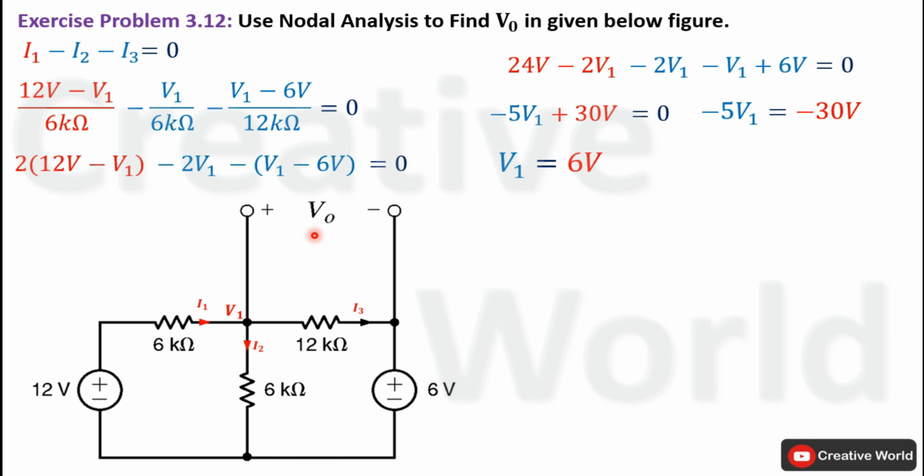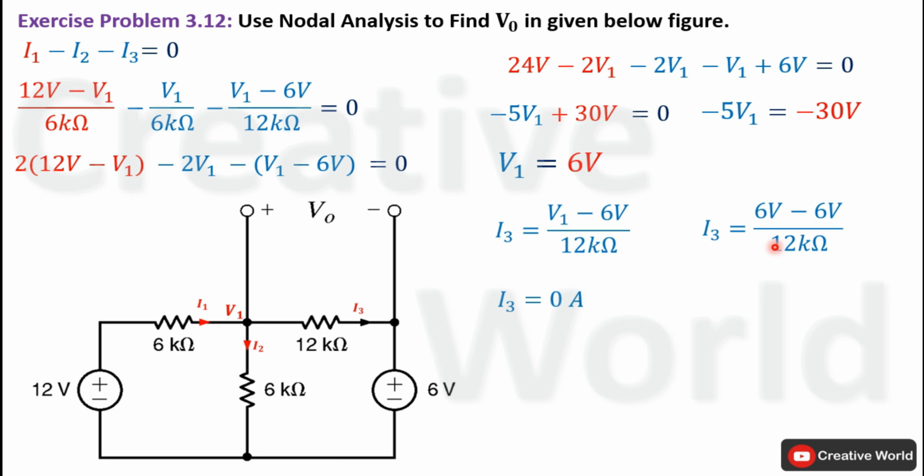So first of all, we will try to find out current I3. Current I3 is equal to V1 minus 6 volt divided by 12 kilo ohm. Replace V1 with its value: 6 volt minus 6 volt divided by 12 kilo ohm. Sum of 6 volt and minus 6 volt will become 0, and 0 divided by 12 kilo ohm will result in 0 ampere. So the value of current I3 will be equal to 0 ampere.